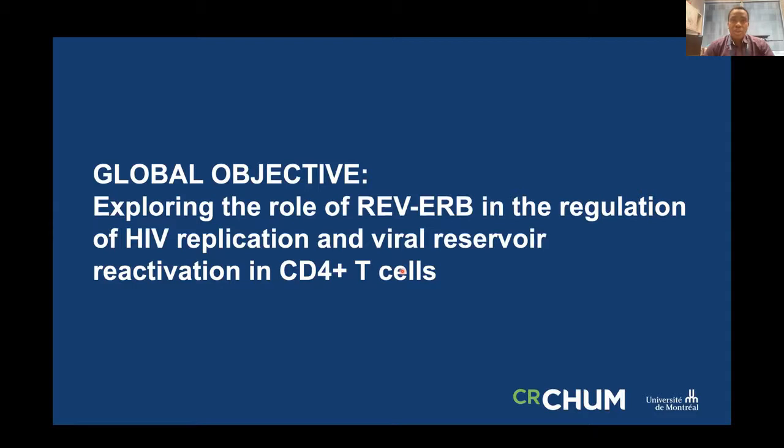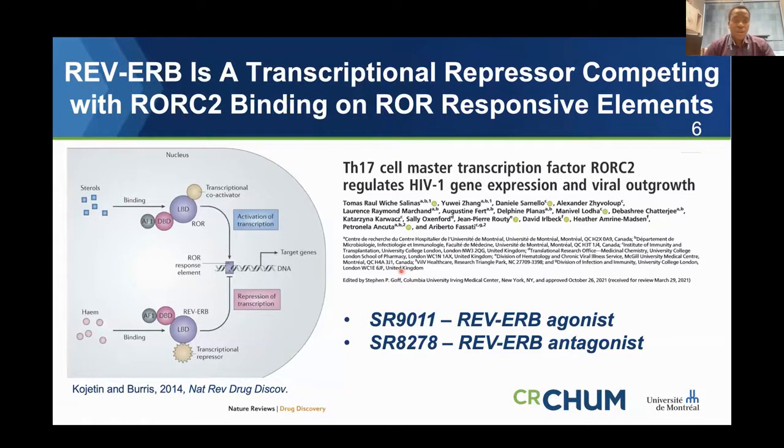we decided to target REV-ERB, and for that we decided to explore the role of REV-ERB in the regulation of HIV replication and viral reservoir reactivation in CD4 T cells. ROR and REV-ERB are nuclear receptors that bind natural ligands in the cells.